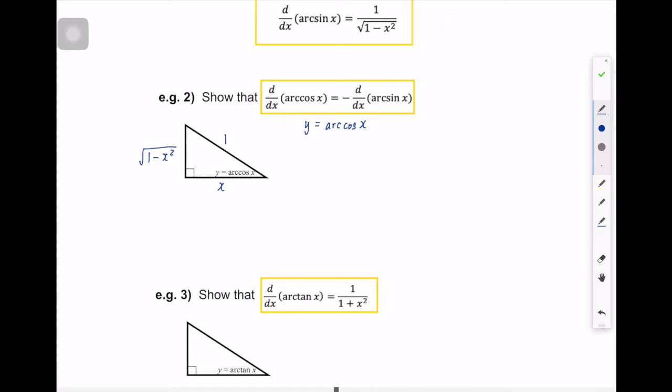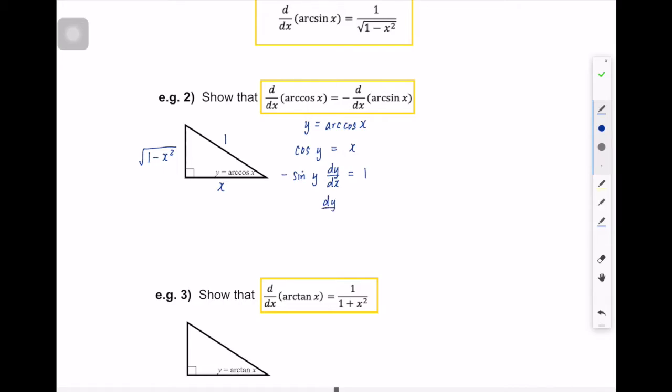Going back to our expression, I can now write cosine of y is equal to x. Differentiating implicitly, negative sine y dy by dx must equal 1.